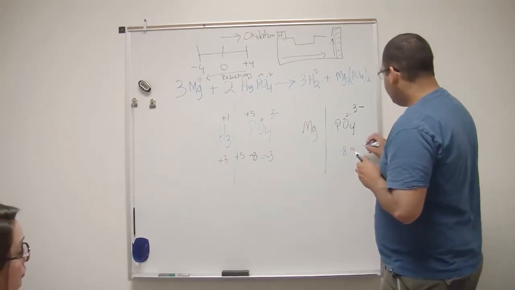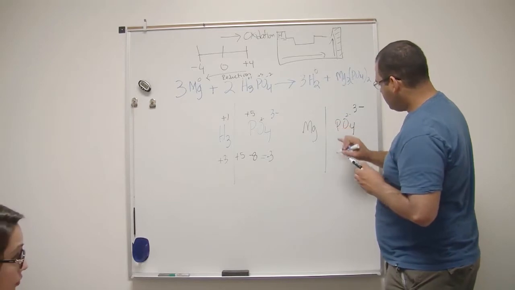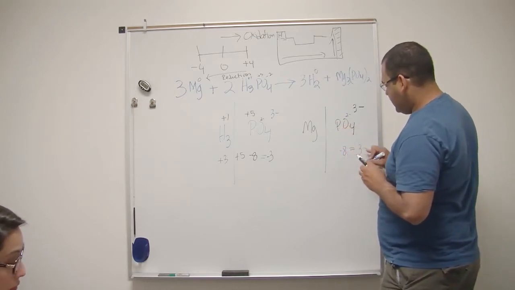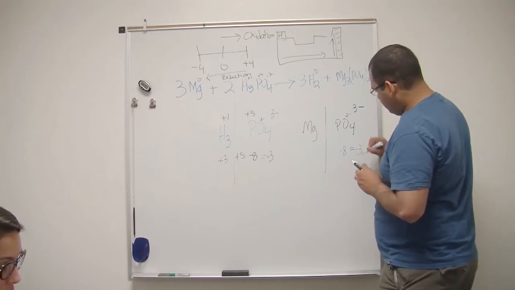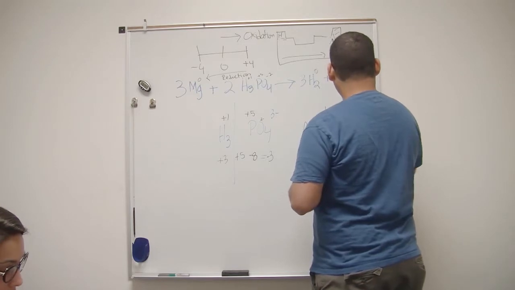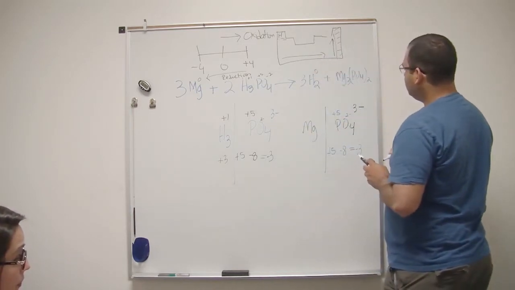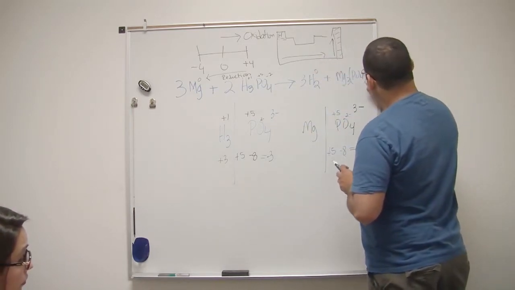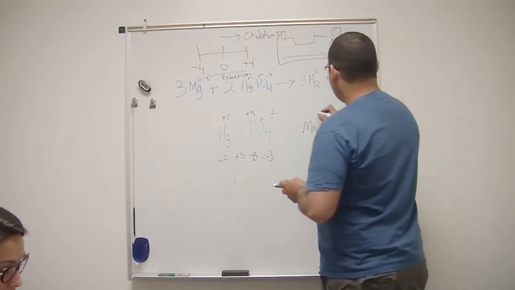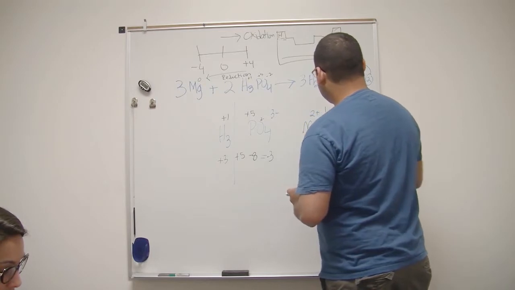The unknown number is my phosphorus. So when I add it here, the oxidation number for phosphorus, with -8, gives me a -3. Plus 5. I know that this number here goes in there, so I know this is a 2 plus.